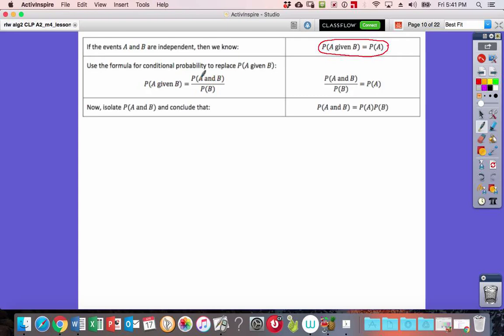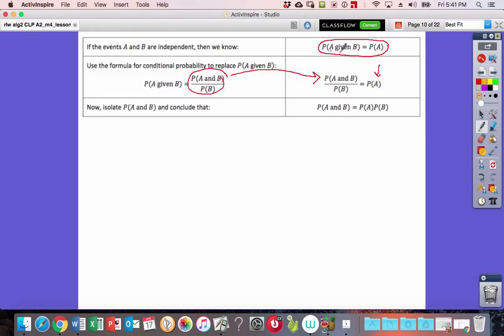The new conditional probability says, well, I know the conditional probability A given B is equal to the probability of A and B divided by the probability of B. So what they're going to do now is they're just going to do some replacement here. We're going to bring this down, and we're going to go replace this right here. Okay, so they brought that one down.